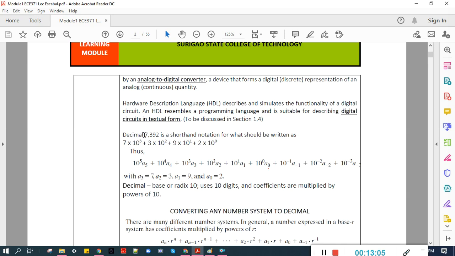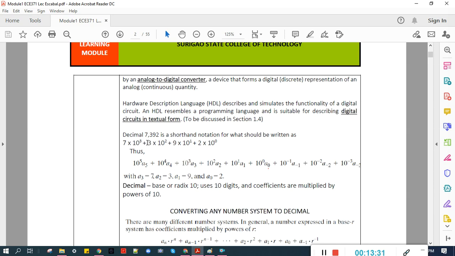And from the example, 7392, a3, this is the general form of a decimal number, expanded form. a3 is 7, so 7 times 10 to the 3.